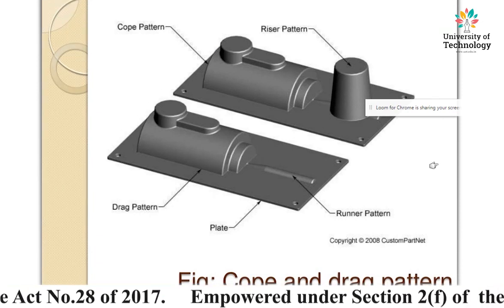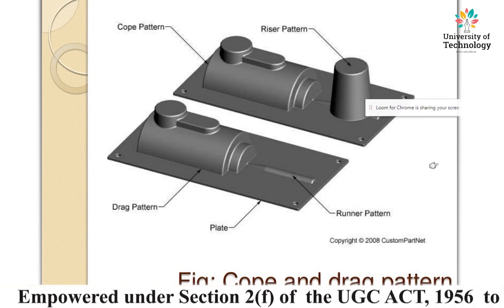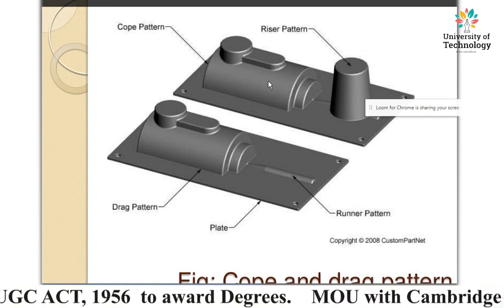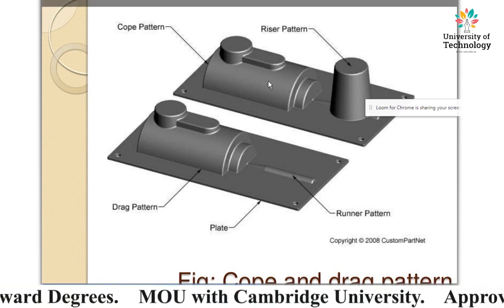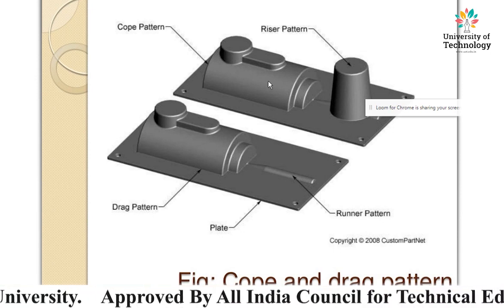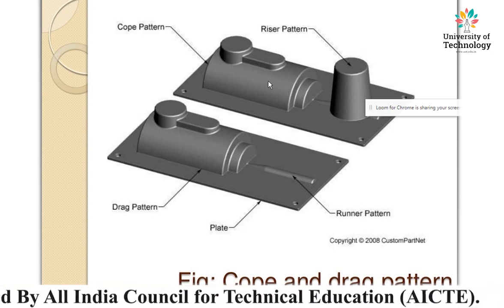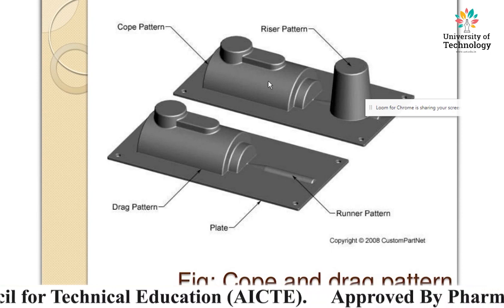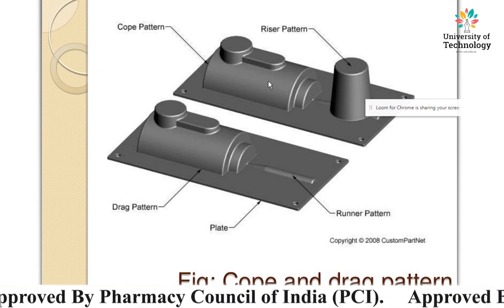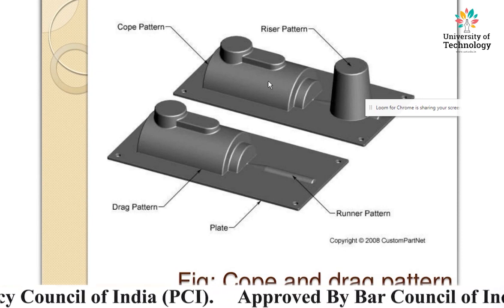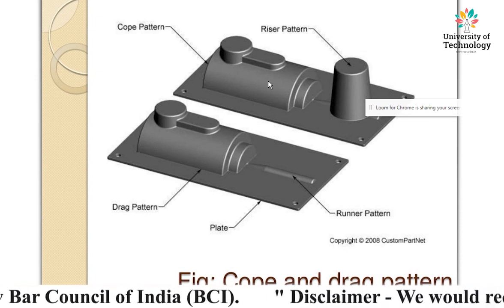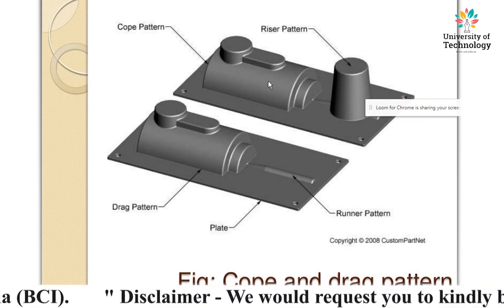In this slide there is a cope and drag type pattern: the upper cope pattern on the upper side and the drag pattern on the lower side in the molding box. So these are the basic types of pattern systems, materials of the pattern, and the basic selection factors of the patterns that we have studied in this lecture. Thank you.